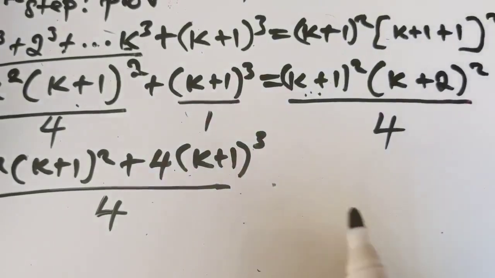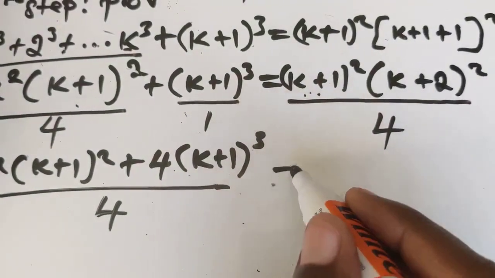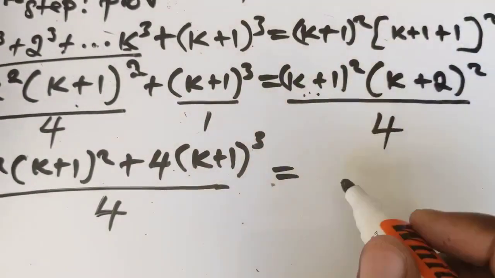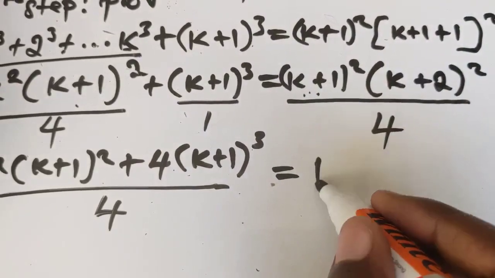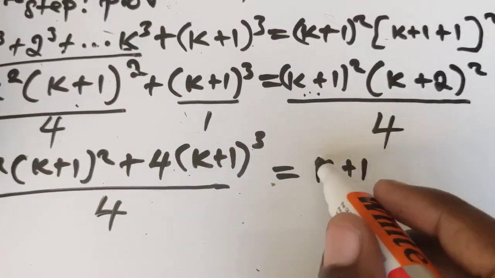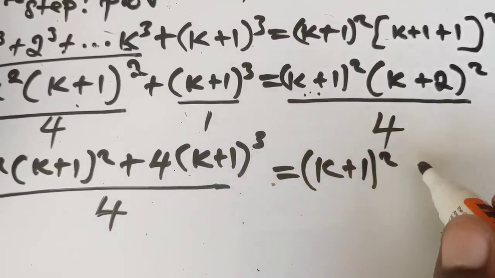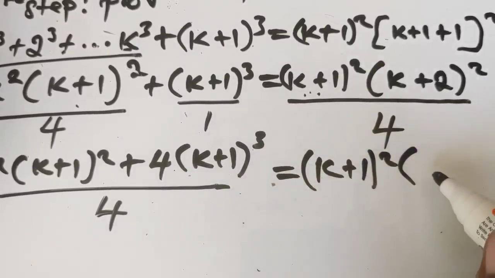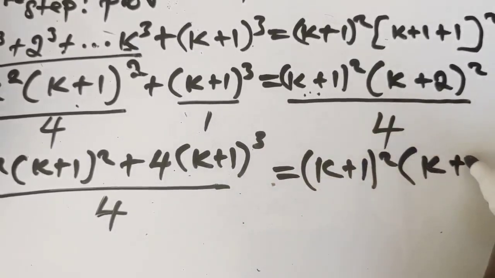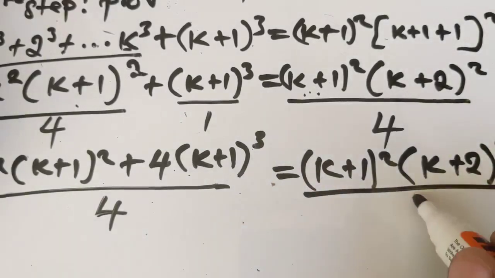Then here you say equals to k plus 1 to the power 2, open bracket, k plus 2 to the power 2 over 4, like that.